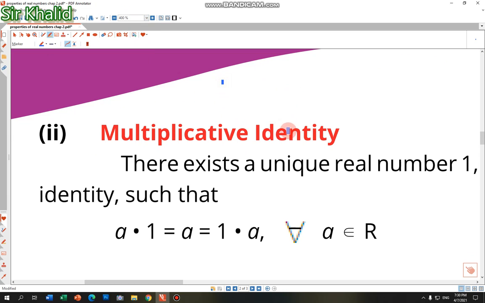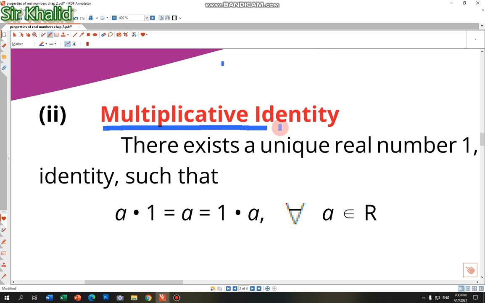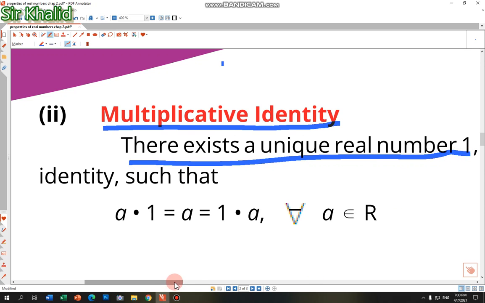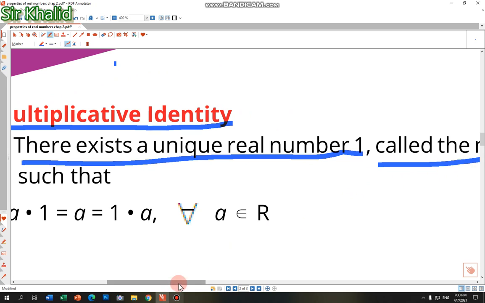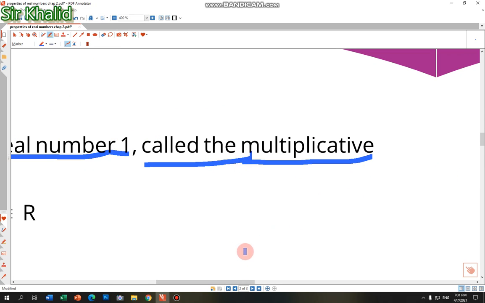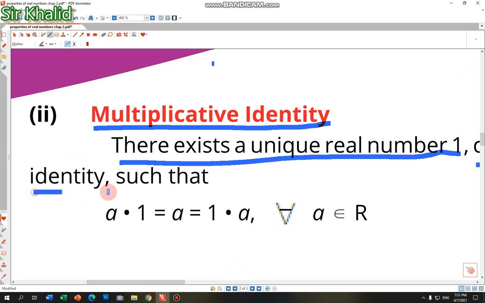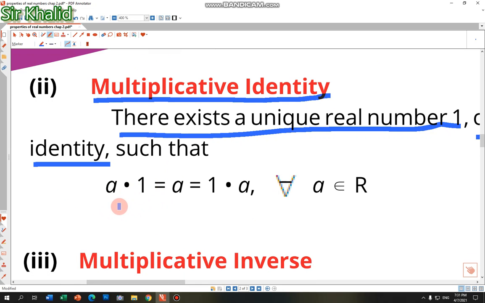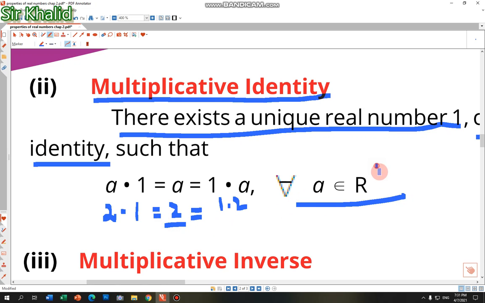Multiplicative identity. Just the same as the additive identity, there exists a unique real number 1, called the multiplicative identity, such that if I multiply any number by 1, you will get the same answer. 2 multiplied by 1 is equal to 2, or 1 multiplied by 2, the result will be the same for all a belonging to the real numbers.